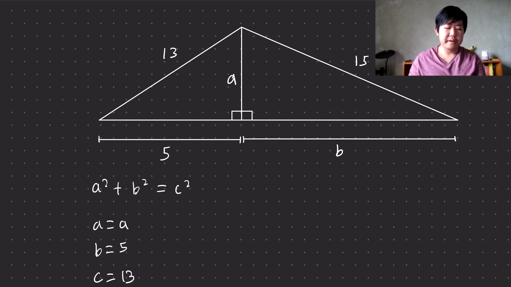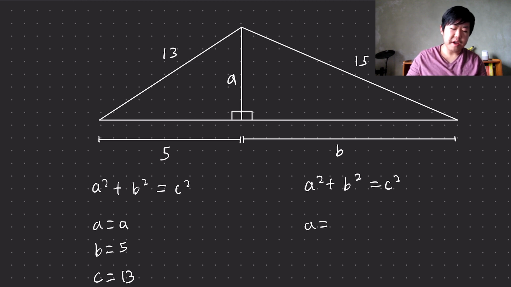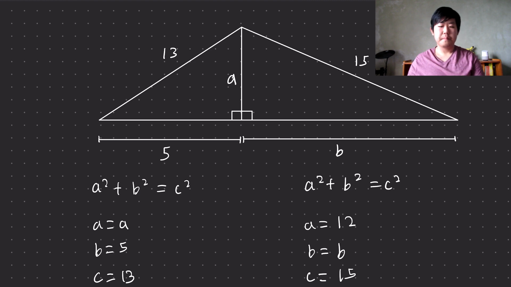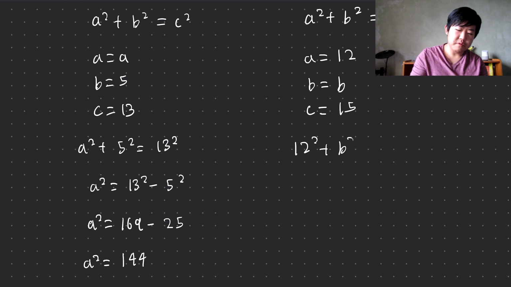And now we need to find B. So let's write down the Pythagorean theorem for this triangle. So A squared plus B squared equals C squared. And then A, now we know, so A was 12. And we have B as just B. And then C as 15. Now let's substitute the values. 12 squared plus B squared equals 15 squared.